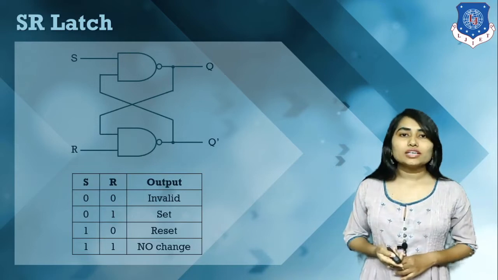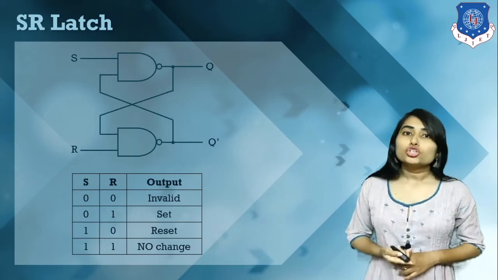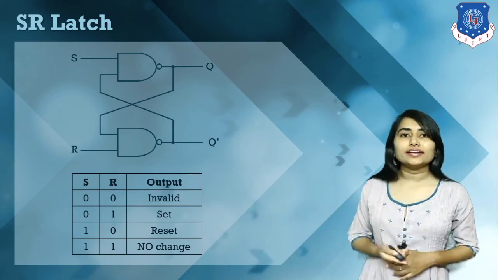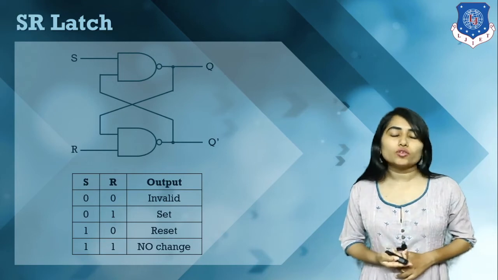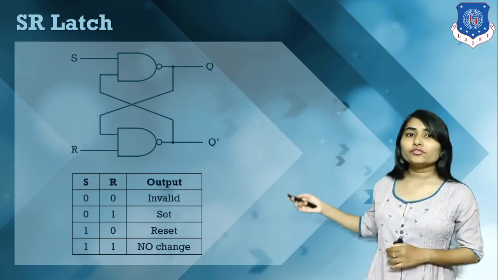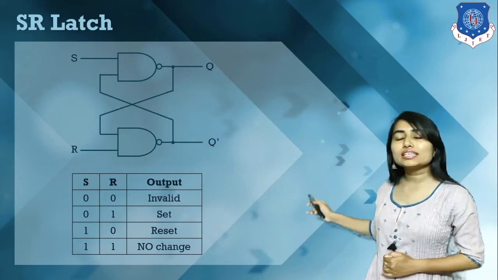Then we have the next condition, S equals 1, R equals 0. So whenever R equals 0, we have a reset condition. That means our output is equal to 0 for the reset condition. So here whenever S equals 1 and R equals 0, we have a reset condition.